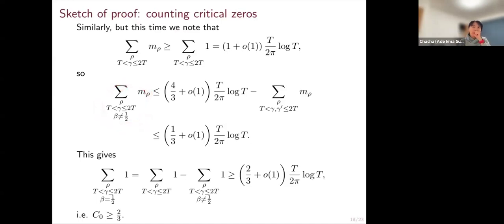But we first note that the summation over all zeros of the multiplicity of these zeros is of course at least the summation just of all zeros, because the multiplicity is at least 1, right? And this is just the number of zeros between t and 2t, so you just have the asymptotic formula for the number of zeros.